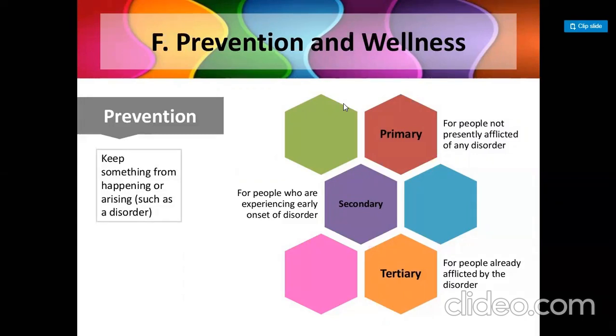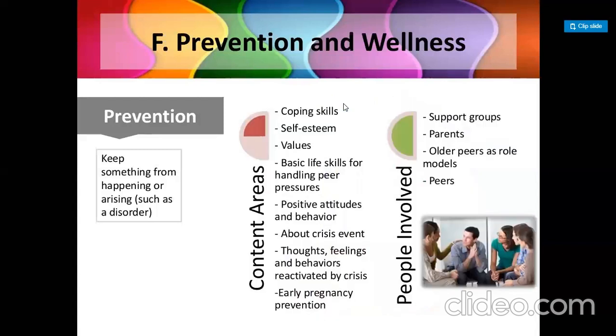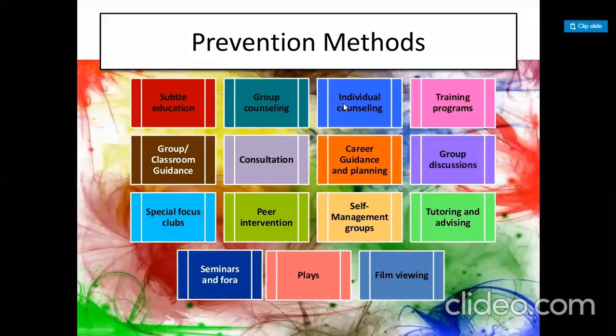Okay, so we have different groups. So content area can be coping skills, self-esteem, values, basic life skills for handling peer pressures, positive attitudes and behavior about crisis event, thoughts, feelings, and behavior reactivated by crisis, early pregnancy prevention, people involved, support groups, parents, older peers as role models or peers. Okay, you can give prevention and wellness to students.